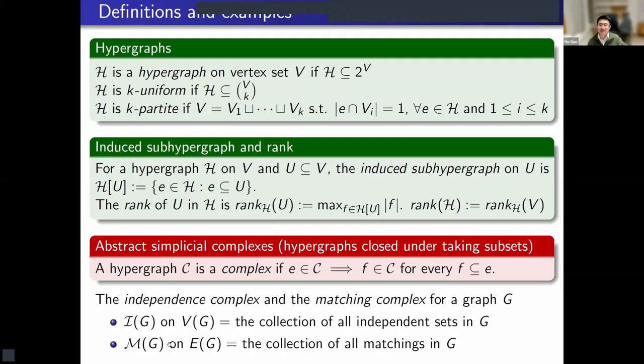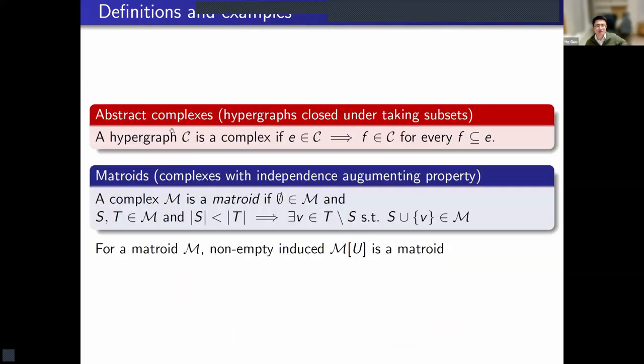Then we can give the formal definition of a matroid, the main topic of this talk, because a matroid is a special complex. If M is a matroid, then first it's a complex, which means it's closed under taking subsets.